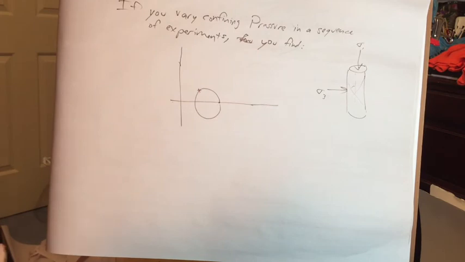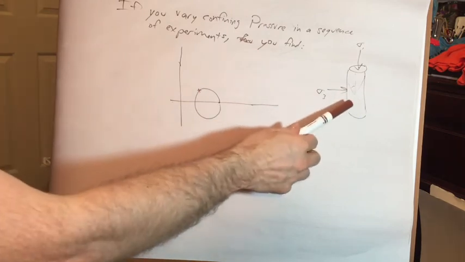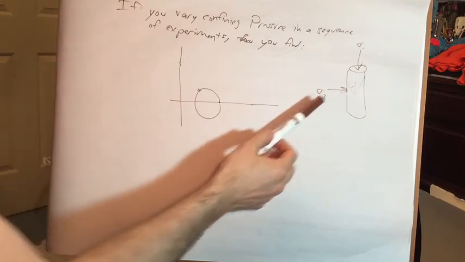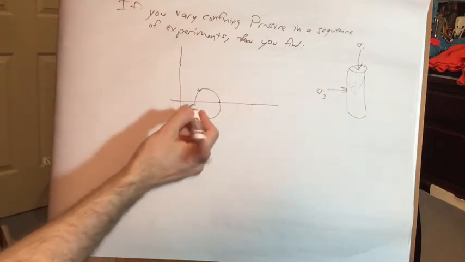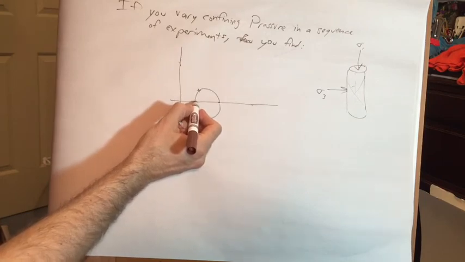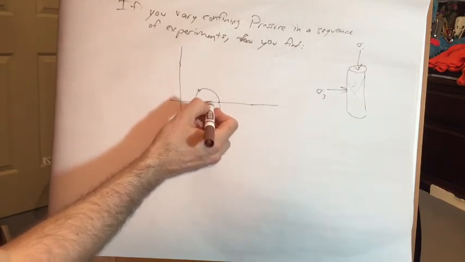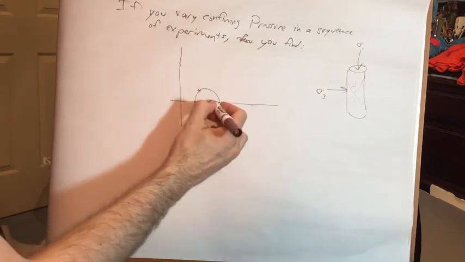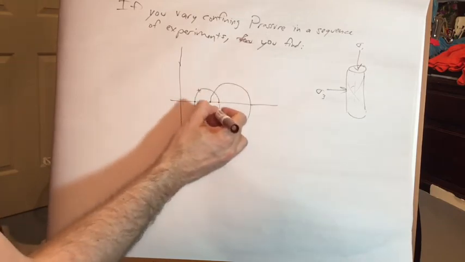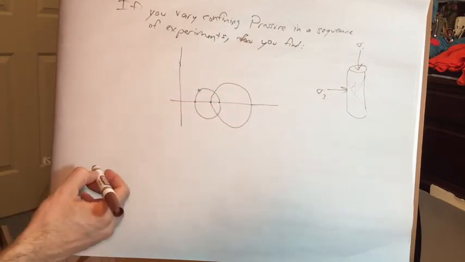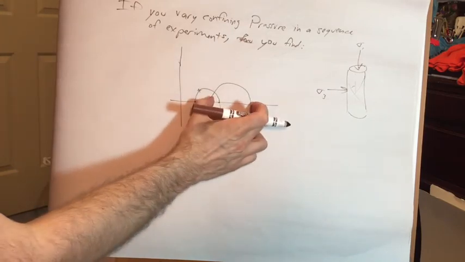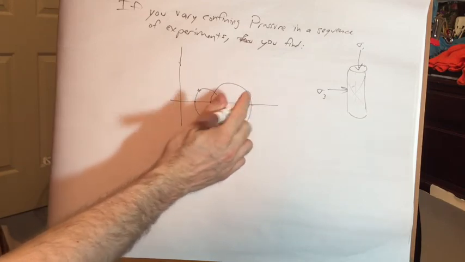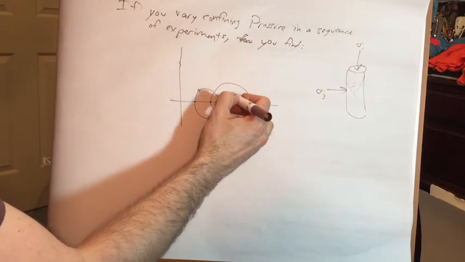And then we could do another experiment. Get a new cylinder of rock, maybe do it at a higher sigma 3. So let's say that this one broke at sigma 3 there. Let's do another experiment with sigma 3 here. Increase sigma 1 until it breaks. Turns out it plots something like that. Bigger differential stress at a higher confining pressure. And then we do another one, even higher.